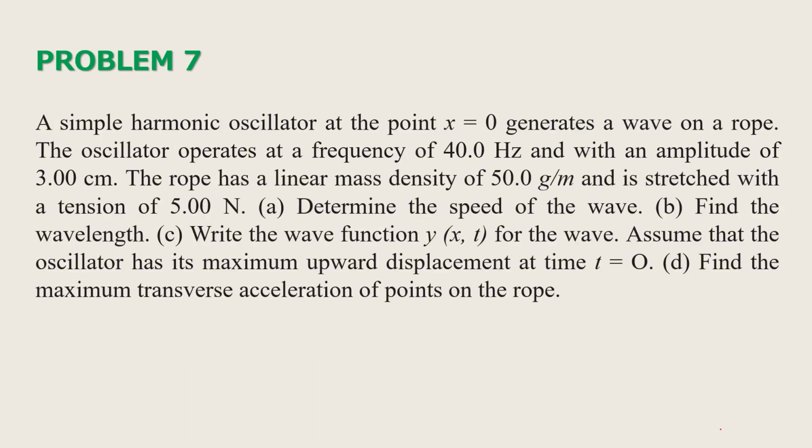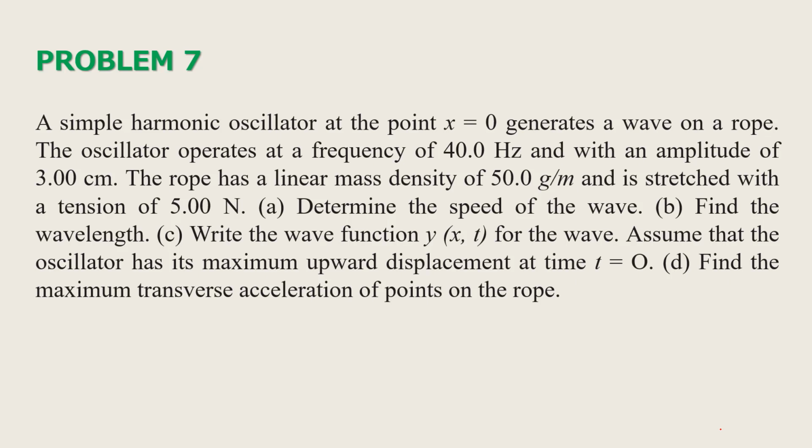Okay, so the next problem: we have a simple harmonic oscillator at the point x equals 0, which generates a wave on a rope. The oscillator operates at a frequency of 40 Hz and with an amplitude of 3 centimeters. The rope has a linear mass density of 50 grams per meter and is stretched with a tension of 5 newtons.